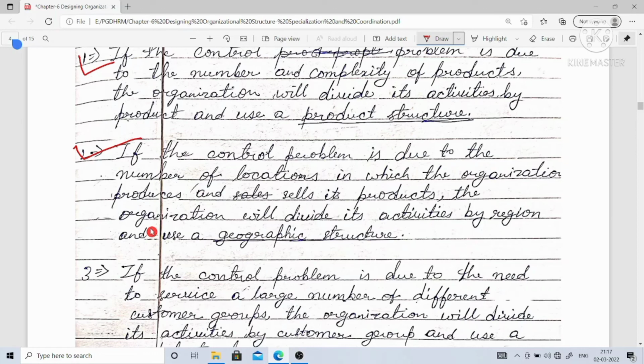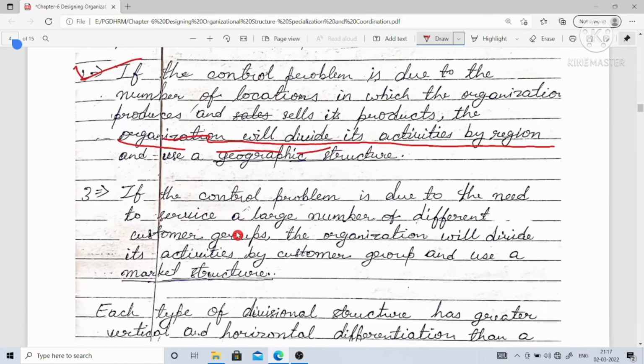So in that case the organization will choose geographic structure, and in geographic structure the organization will divide its activities by region.